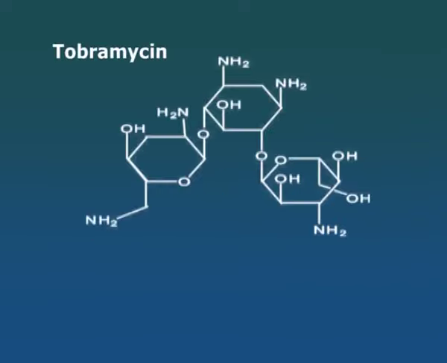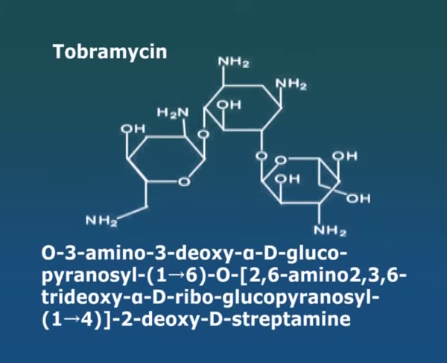Tobramycin. Tobramycin is O-3-amino-3-deoxy-alpha-D-glucopyranosyl-1,6-O-2,6-diamino-2,3,6-trideoxy-alpha-D-ribo-hexopyranosyl-1,4-2-deoxy-D-streptamine, isolated from a culture liquid of the actinomycete Streptomyces tenebrarius.